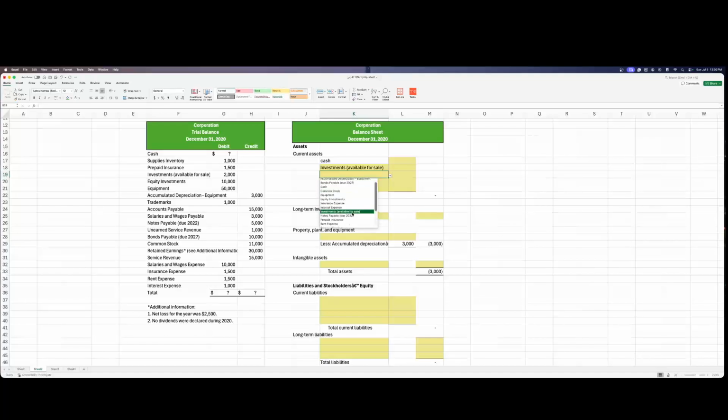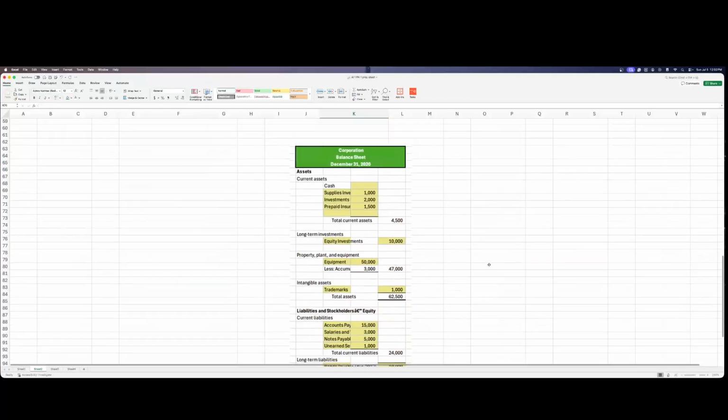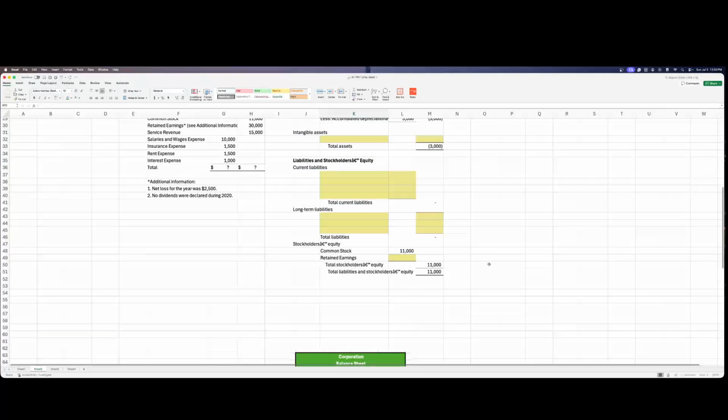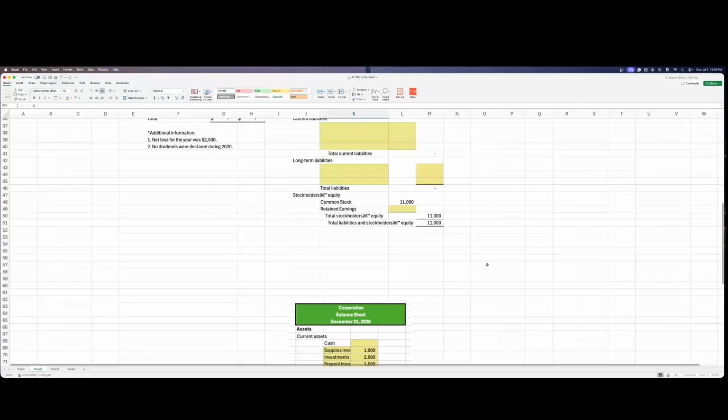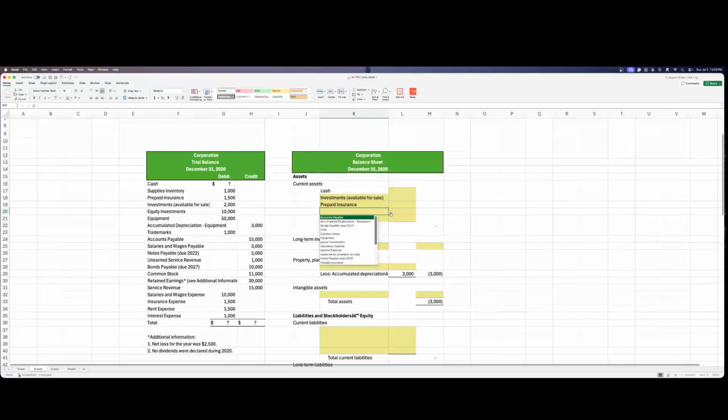Prepaid insurance. I want to say notes payable. Notes payable. Oh, whoops. Supplies and inventory.